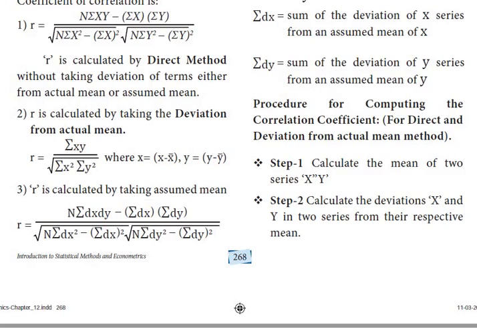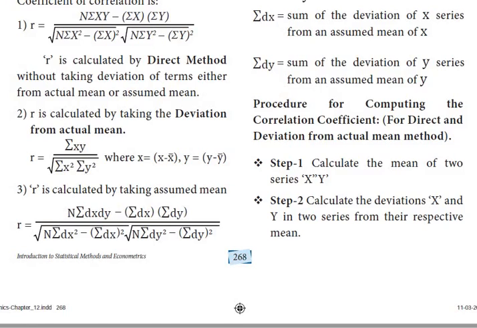So here also, sigma dx dy is after multiplying dx by dy for all the values, then the sum total is sigma dx dy. Whereas sigma dx into sigma dy means adding all the dx values is sigma dx and adding all the dy values is sigma dy, and multiplying those two values. So that is different from sigma dx dy.